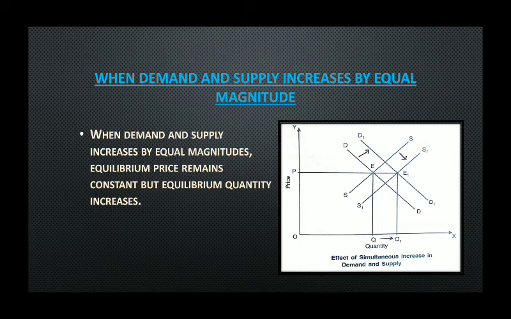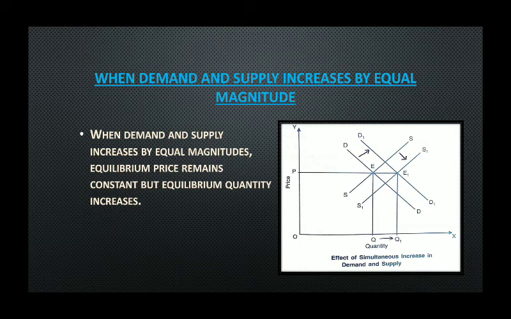In such cases, the equilibrium quantity will increase but price will remain the same. Here in the diagram also you can see the initial demand curve DD and initial supply curve SS intersecting at point E, and the equilibrium shows price OP and quantity OQ.